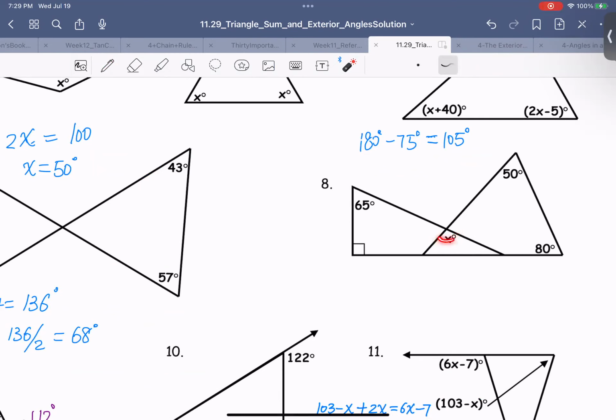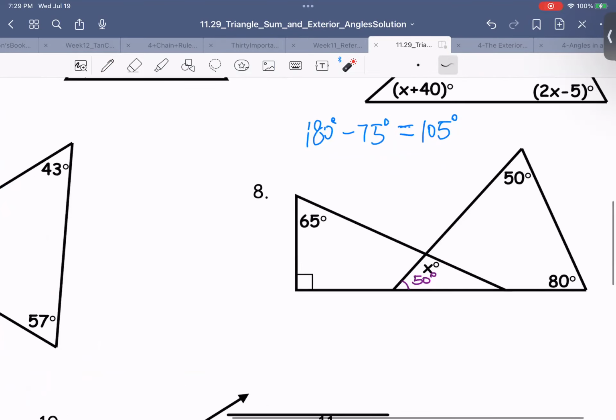So we won't be able to get this one immediately. Let's figure out this triangle first. So 80 plus 50 is 130, good, and 180 minus 130 is 50. This guy is 50.